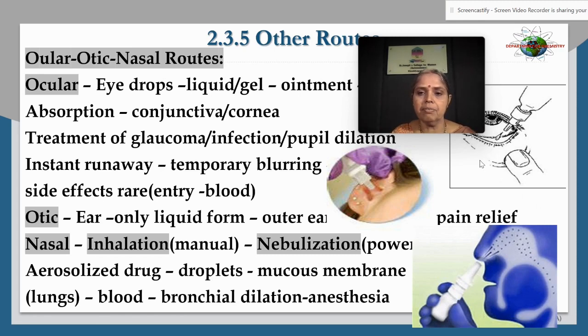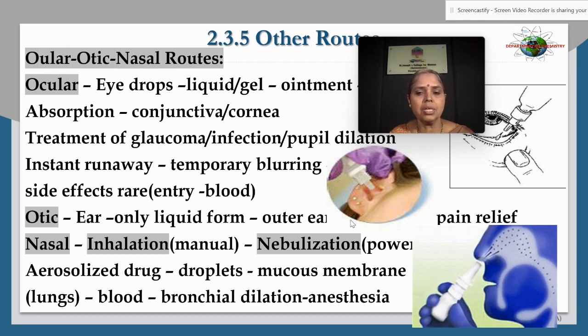If the drug is introduced through the eye, the route is called the ocular route. If the drug is introduced through the external ear in the form of drops, then it is called the otic route. And if a drug is introduced through the nose, it is the nasal route. We know very well eye drops are given if we get an eye infection, or if a person undergoes eye surgery for cataract or related issues.